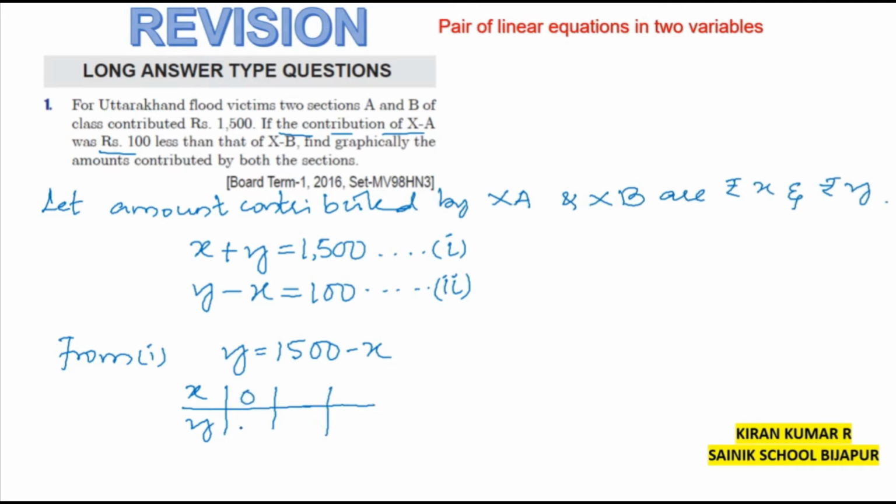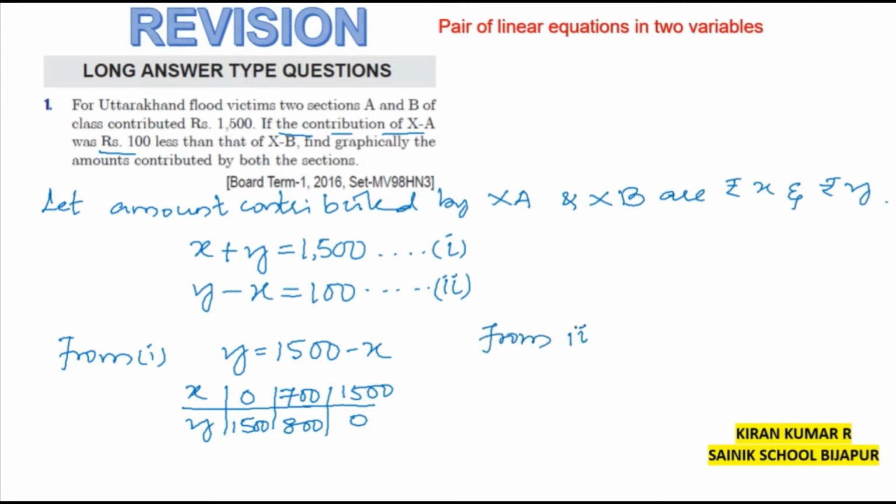The value of y becomes 1500. If the value of x is taken as 700, the value of y is 800. If I take the value of x as 1500, the value of y becomes 0. That is for the first equation.